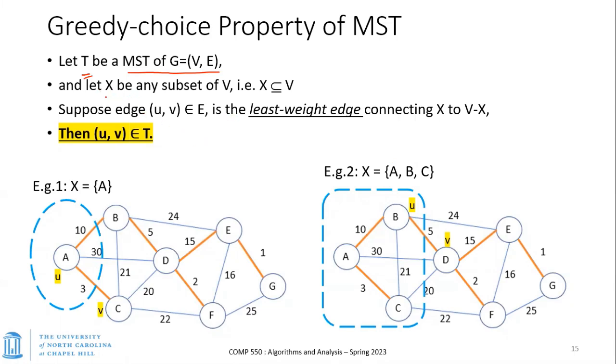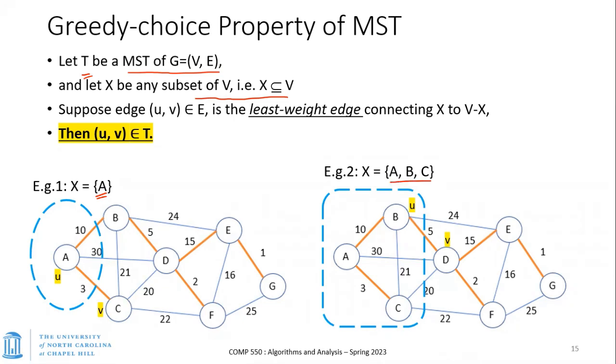Now let X be any subset of V. Originally I was restricting X to be a single vertex, but now X could be any bunch of vertices, a subset of the original graph. In this case I've picked just one vertex, but in this case I've picked 3 vertices.